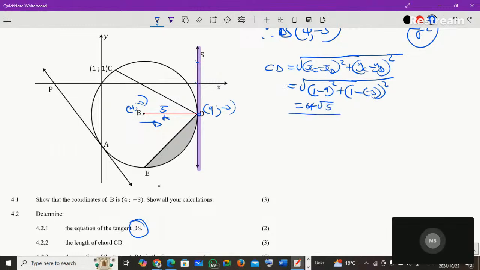So that's the distance we want. So the distance is 4 root 5.